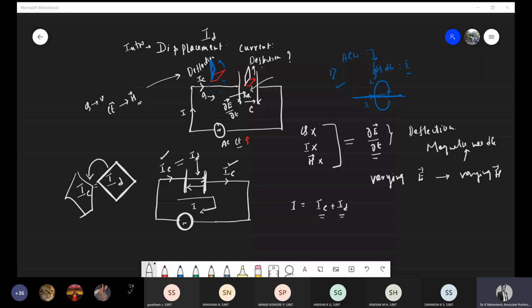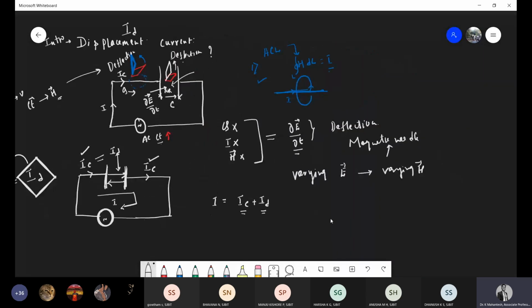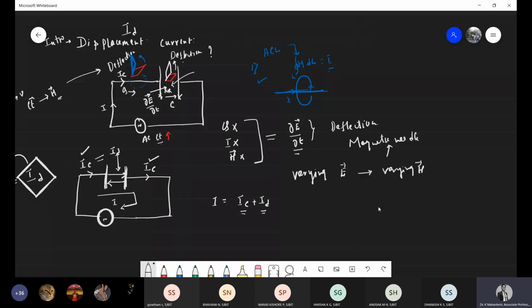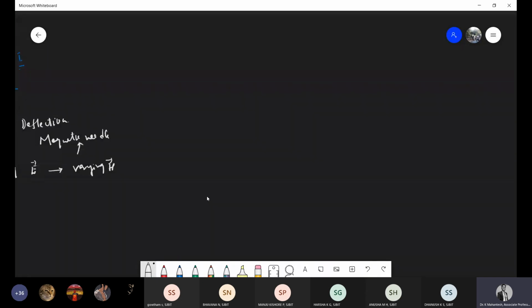Try to conclude this displacement current. So now the Ampere circuital law will be inconsistent to explain this concept. See here, based on your displacement current information.